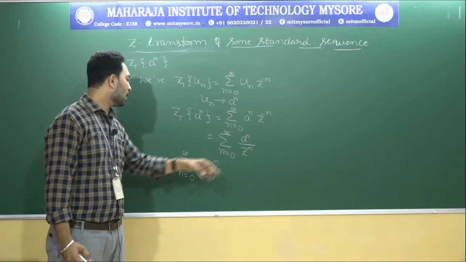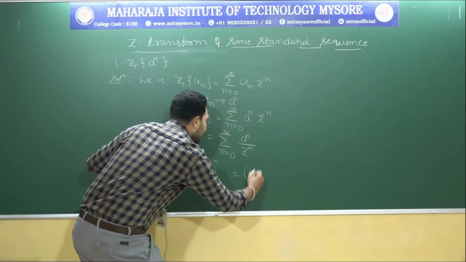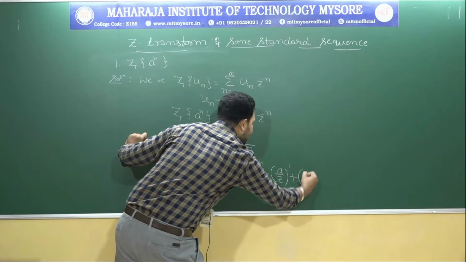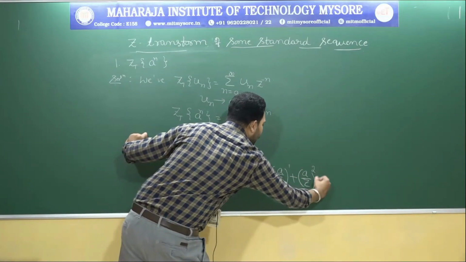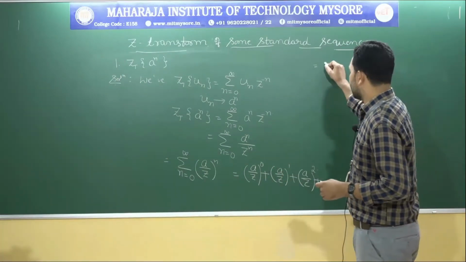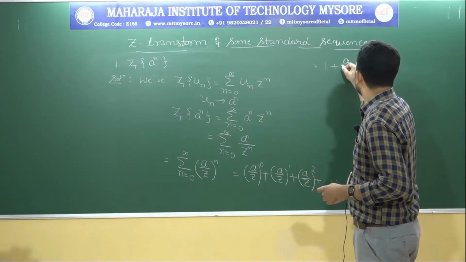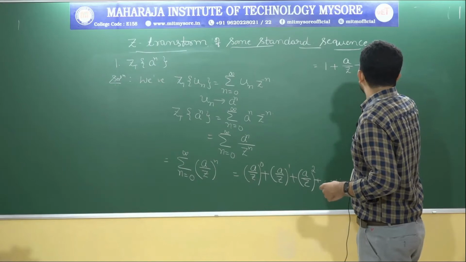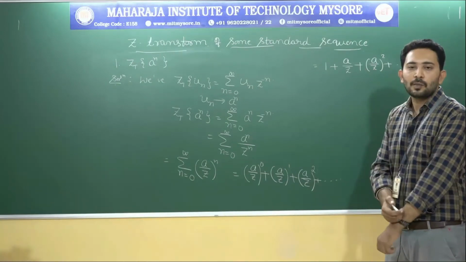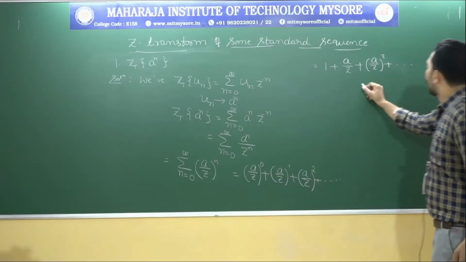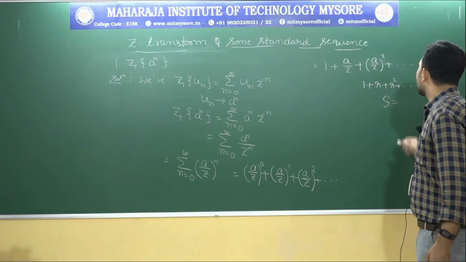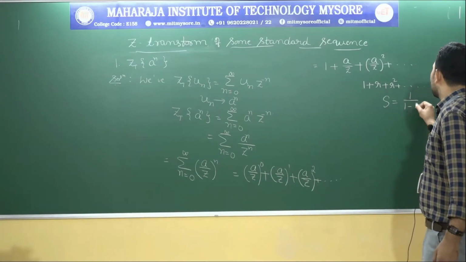If I put n equals 0, 1, 2, 3, etc., we'll get (a by z) power 0 plus (a by z) power 1 plus (a by z) power 2, etc. Here (a by z) power 0 is 1, plus a by z, plus (a by z) whole square, etc. So the given thing is in the form of a geometric series, that is 1 plus r plus r square, etc. The sum of a geometric series is defined as S equals 1 divided by 1 minus r.